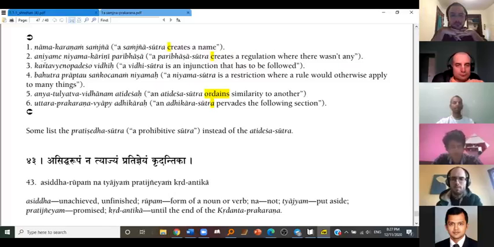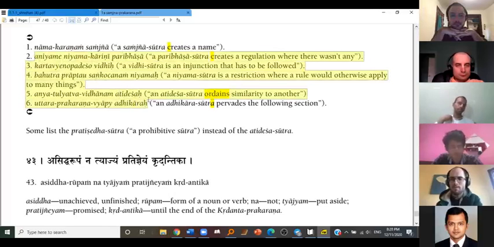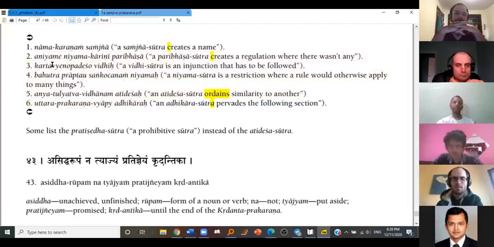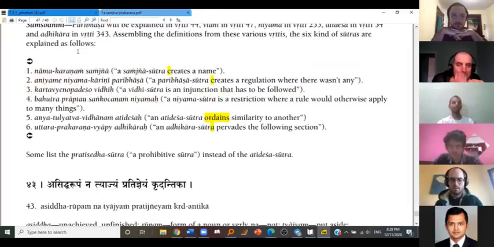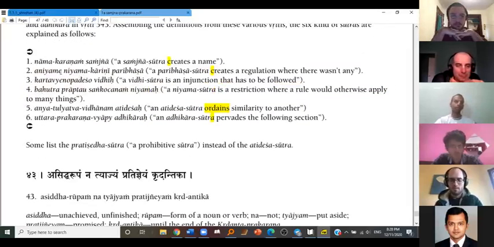These definitions will be coming up in the preceding chapters, and even their definitions. But Matsya Prabhu has kindly put it up here so that we can have a look. Aniyame niyamakarini paribhasha. A paribhasha sutra creates a regulation where there wasn't any.